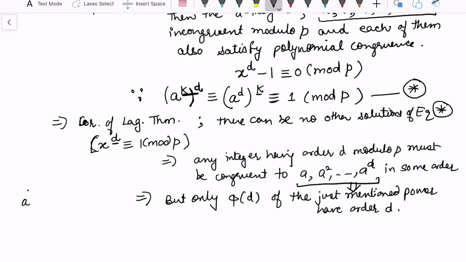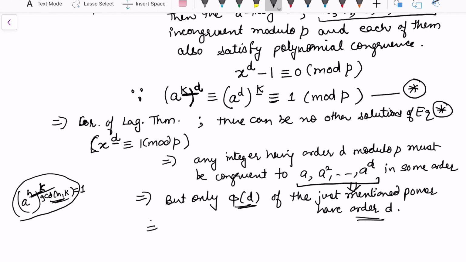If a raised to power k has the order, then the order must be divided by GCD of h and k. We have done this also in the earlier case. If the GCD is 1 only, then it becomes a same order power. To check the GCD, it has to be again phi d of the order.